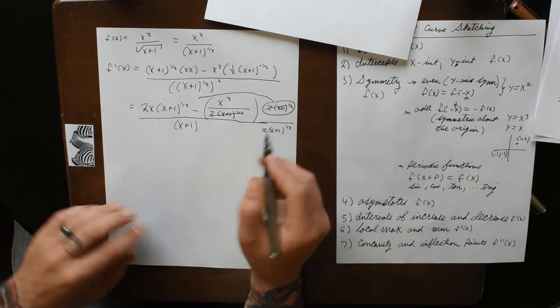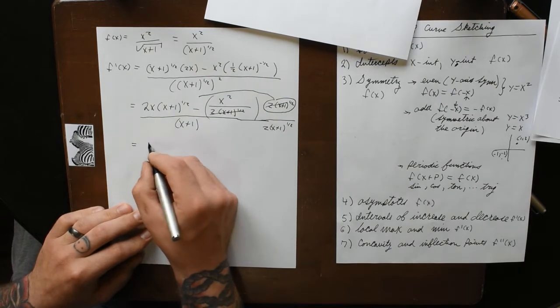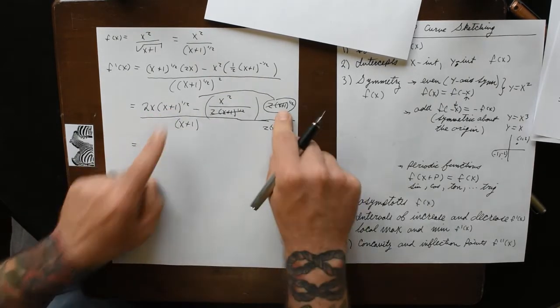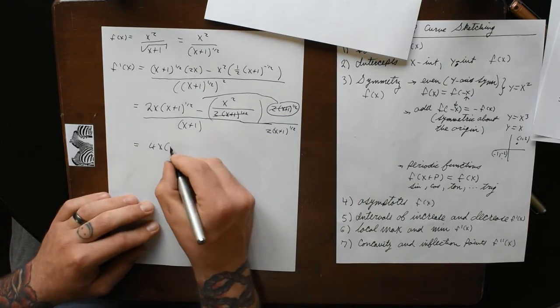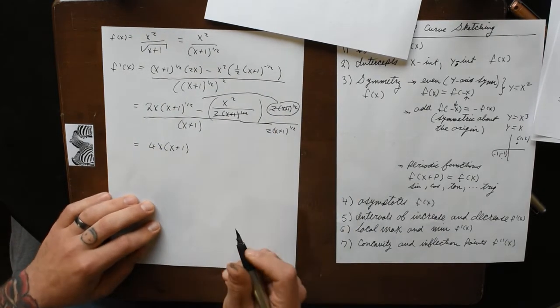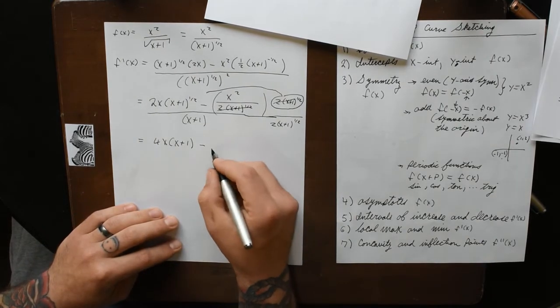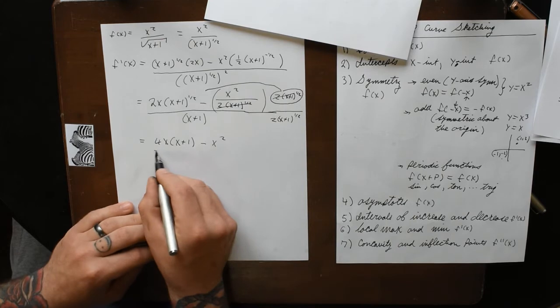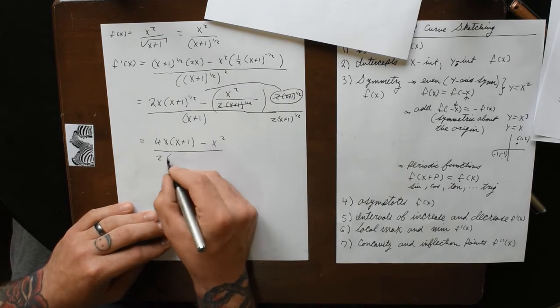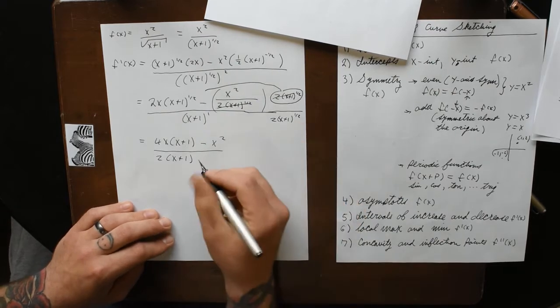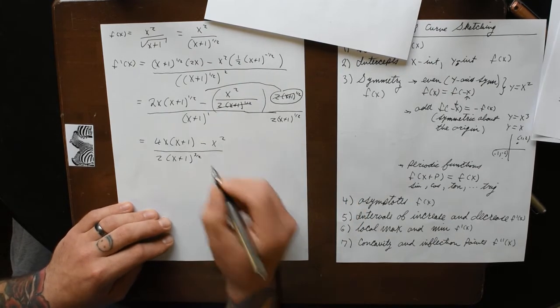This 2 and that 2 will give us a 4x, and x plus 1 to the 1/2 times x plus 1 to the 1/2 is just x plus 1. I said that poorly, but this is what I meant. Minus an x squared, all divided by 2 times x plus 1. If this is to the 1 and this is to the 1/2, we get to the 3/2.